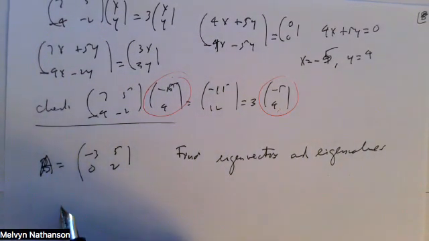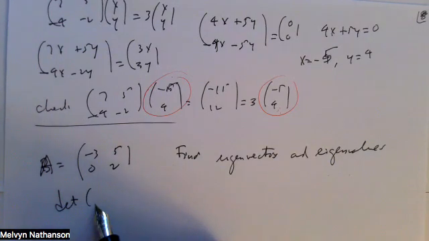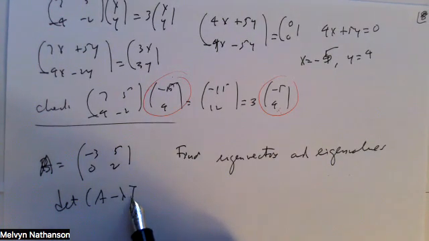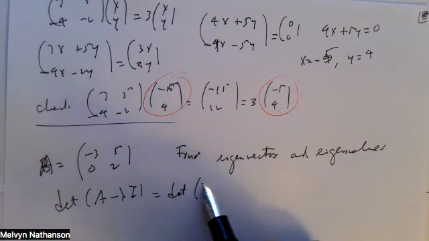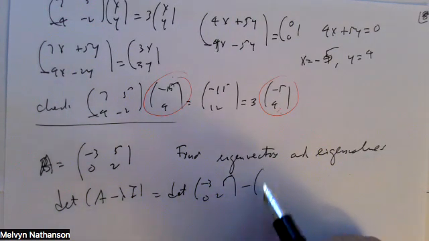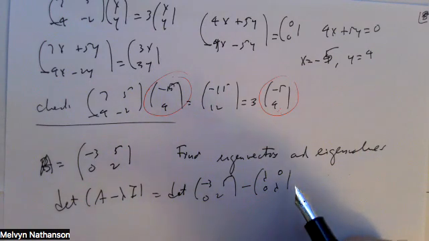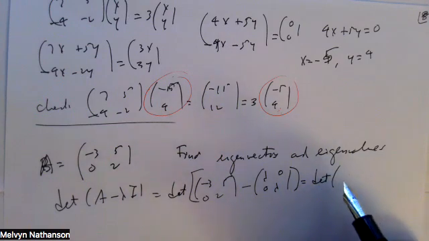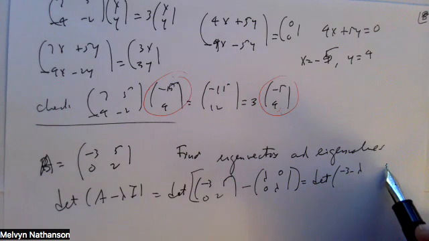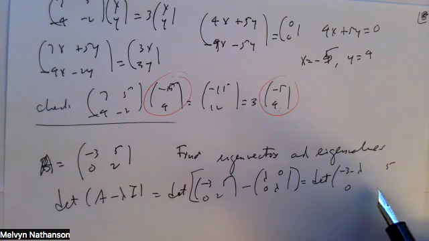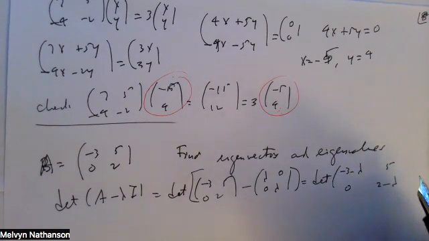So I want to look at the determinant of the matrix A minus lambda I. So that's the determinant of the matrix minus 3, 5, 0, 2, minus lambda 0, 0, lambda. That's lambda I. That's the determinant of the matrix minus 3 minus lambda, 5, 0, 2 minus lambda.